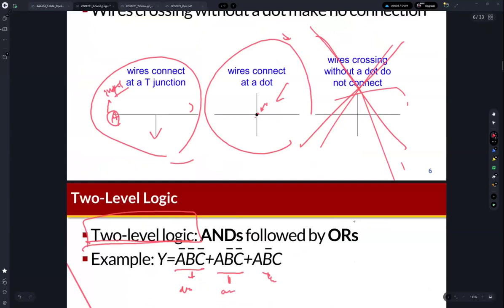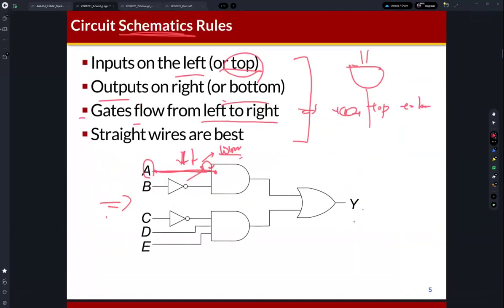A schematic means that we can use basic gates such as the AND gate, OR gate, and inverters, and we can connect the input and output ports of these gates using wires.